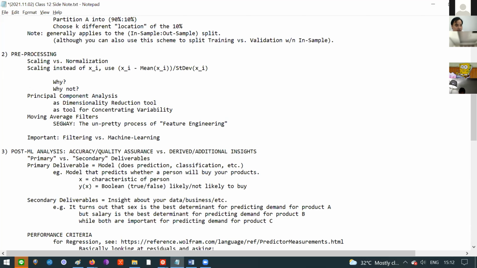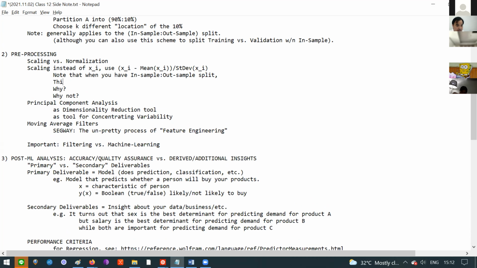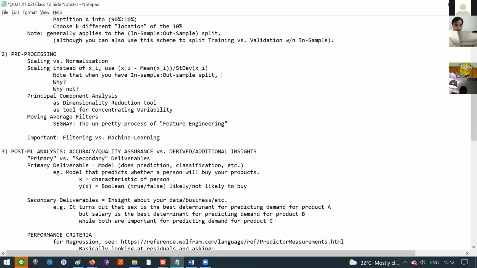Now, note that when you have an in-sample, out-of-sample split, this becomes the mean of xi in sample.